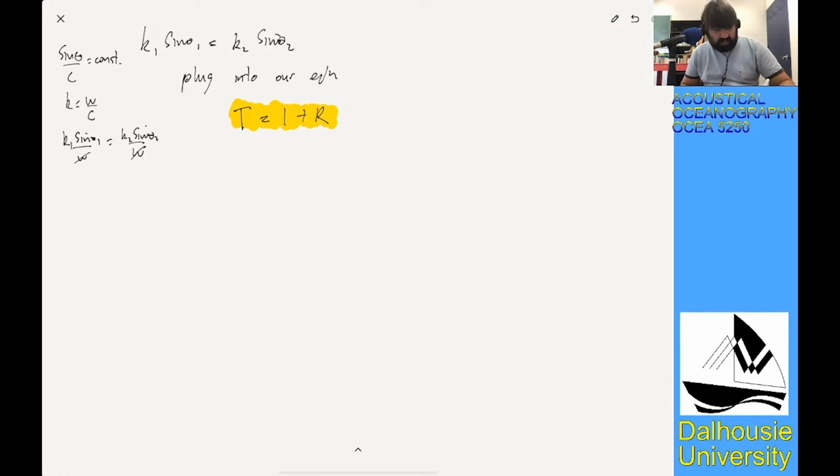Well, basically, this is almost obviously intuitive, right? Of course, 1 plus the reflection equals the transmission. It's conservation of energy, right?